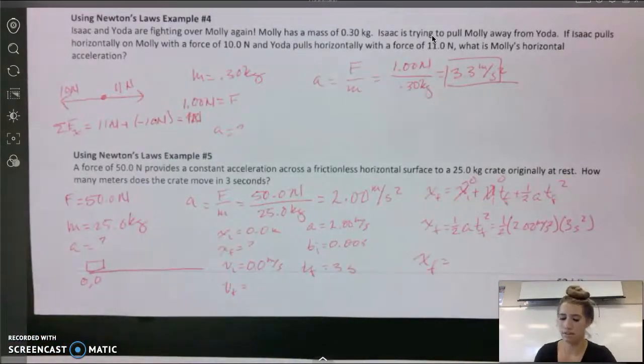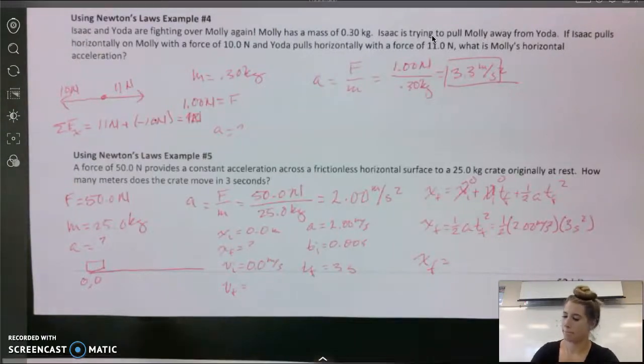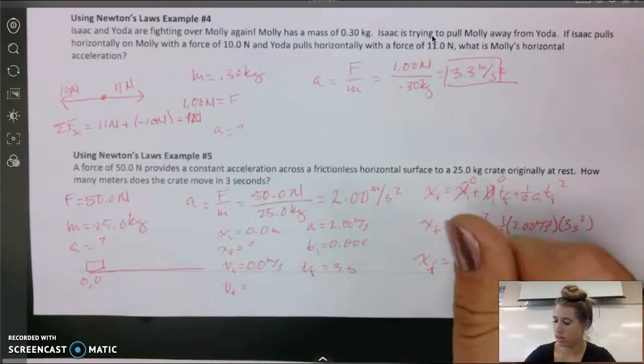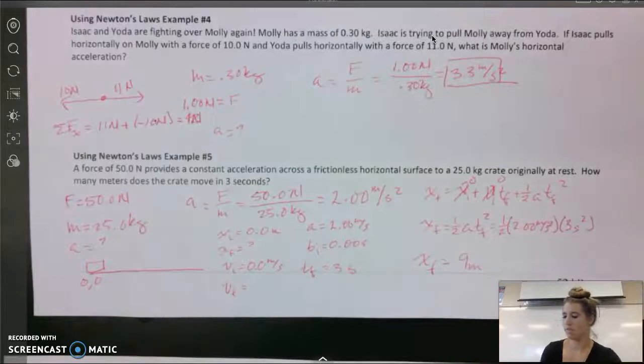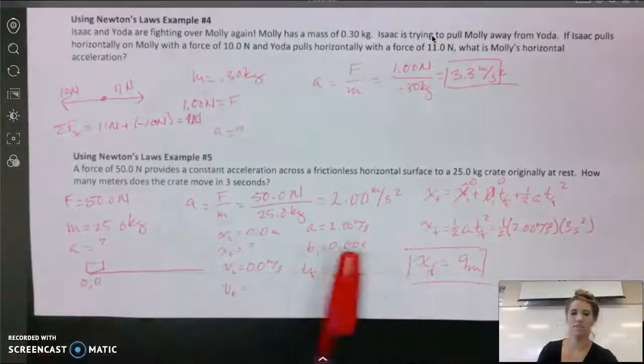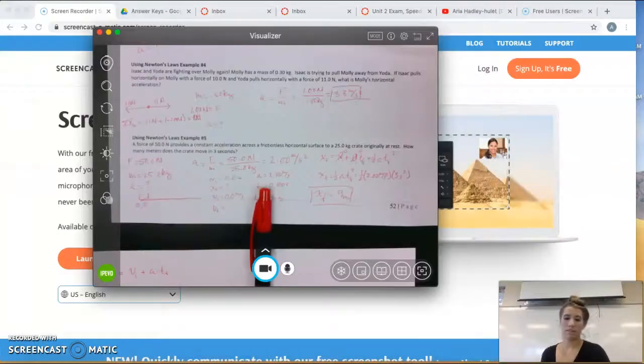So I'm going to plug that in. I get, let's see, that was 1 sig fig, so I get 9 meters. Okay. That's going to wrap up learning target number 2.